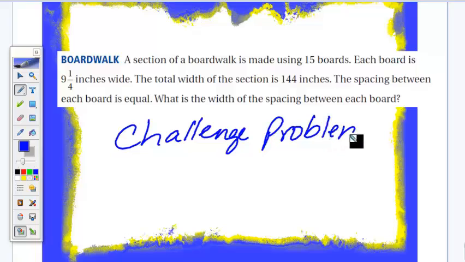Once you get the answer on how to solve it, you can send me the answer on Edmodo. But in order for you to get those 5 extra credit points, you need to send it to me before class. I need to get your answer and the work before class. So this is a challenge question for you as a bonus.